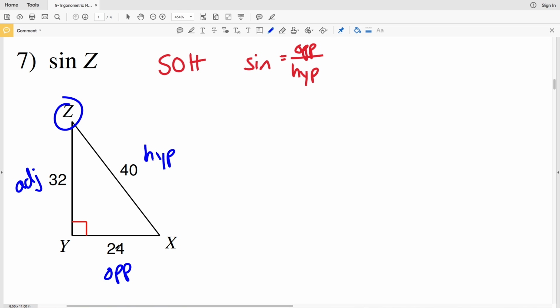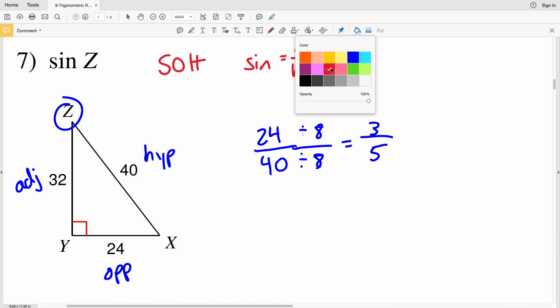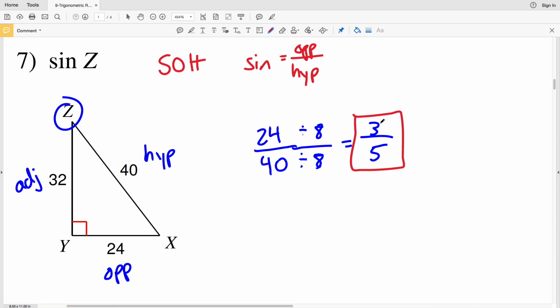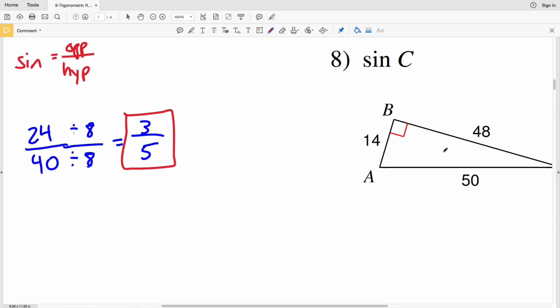So for Z, opposite is 24 over hypotenuse, which is 40. In 24 and 40, I know that 8 goes into both of those evenly. So if I divide by 8 in the numerator and 8 in the denominator, 24 divided by 8 is 3, and 40 divided by 8 is 5. So 3/5 is my solution in number 7.